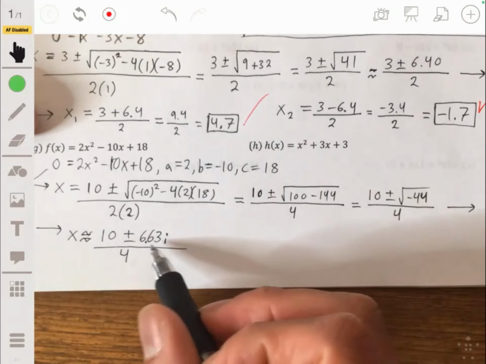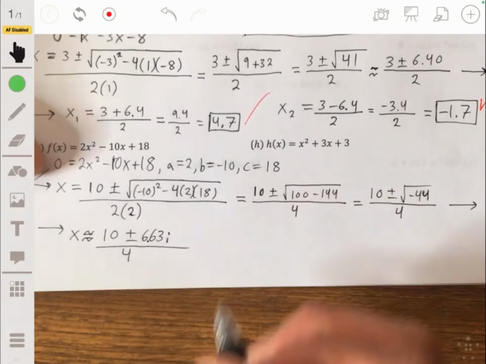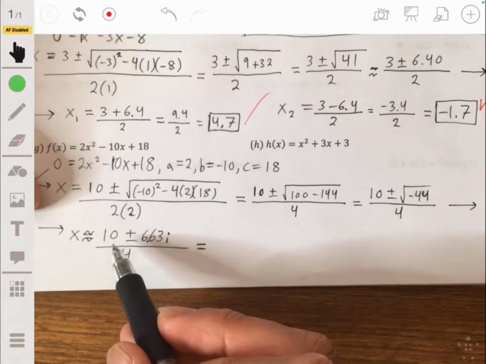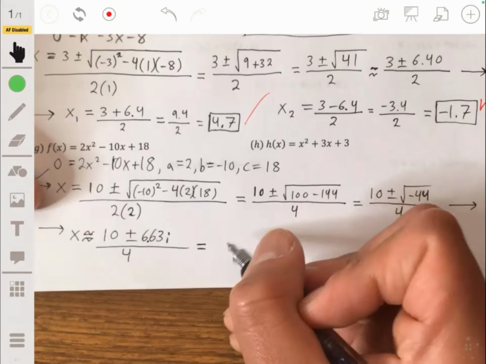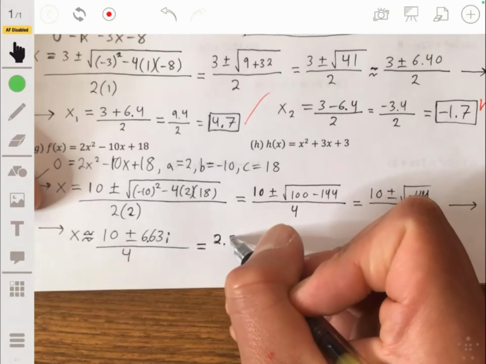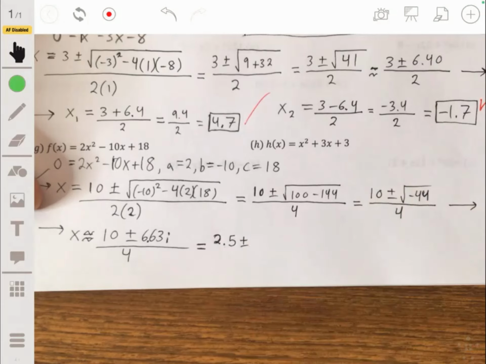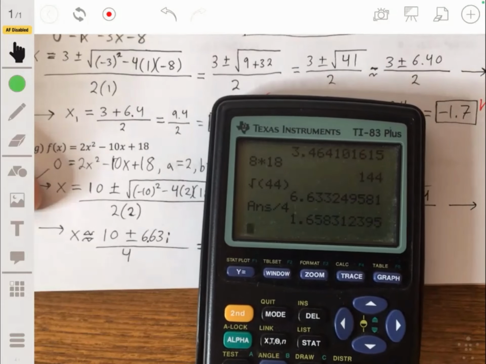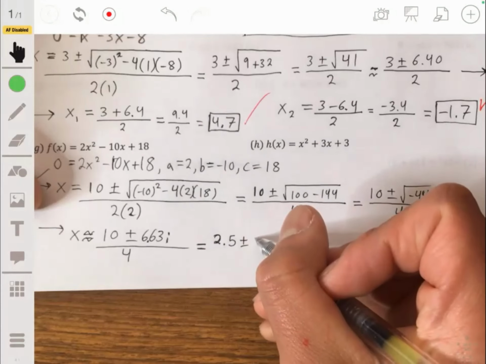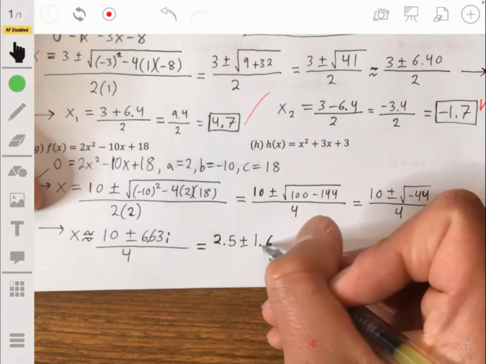Let's divide everything by 4 so we can make it more simple to write down the two answers. So 10 divided by 4 will be 2.5 plus or minus 6.63 divided by 4, which will be about 1.66. So plus or minus 1.66i.